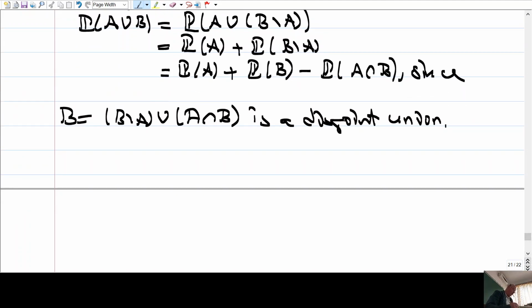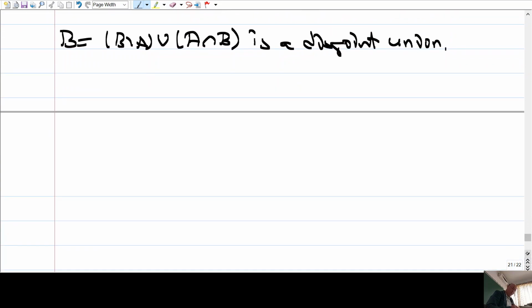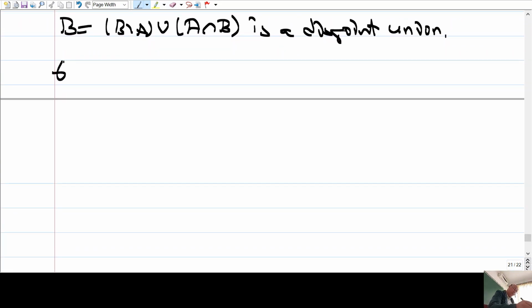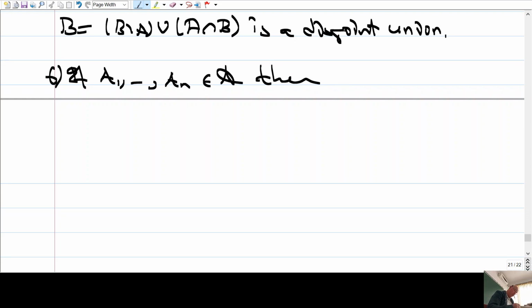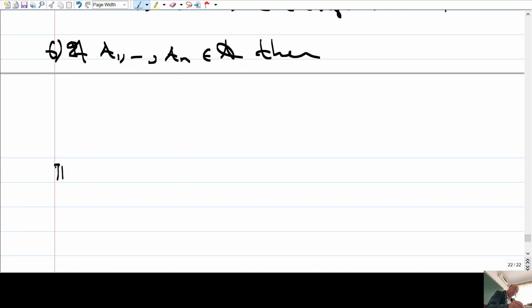Well, by induction, one can prove also the following. Okay, so if A1 up to AN are elements of the sigma algebra, then the measure of the union A1 up to AN will be what?